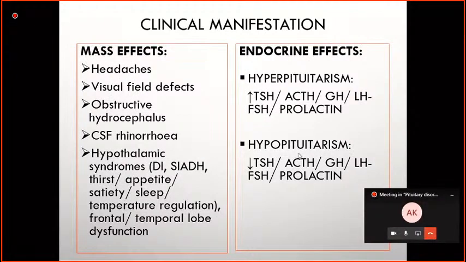It's not necessarily the pituitary compressing on the optic chiasm. We're also talking about possibly an increase in intracranial pressure in which your optic nerve can also be compressed. So you can have blurring of vision.